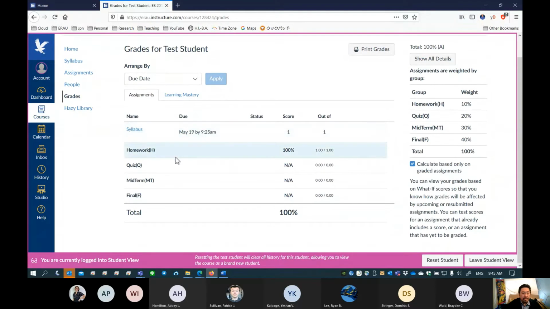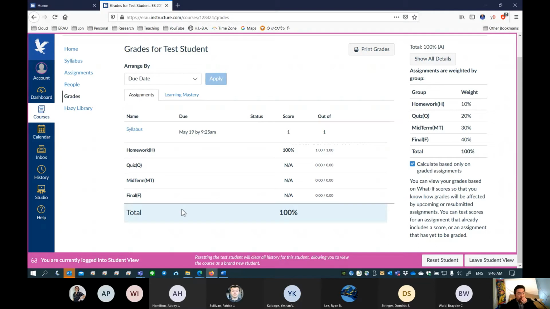This grade has four categories: homework, quiz, midterm exam, and final exam. Someone please help me, the midterm is when? June 7th, yes. Mark your calendar. June 7th is the midterm exam. The final exam, the records office hasn't announced yet, but I believe it is either Saturday or Monday, June 26th or 28th.